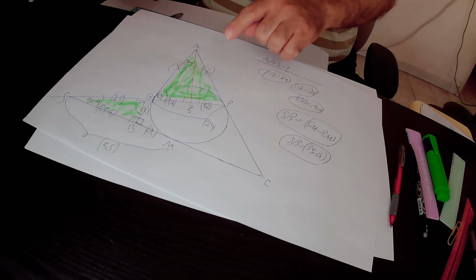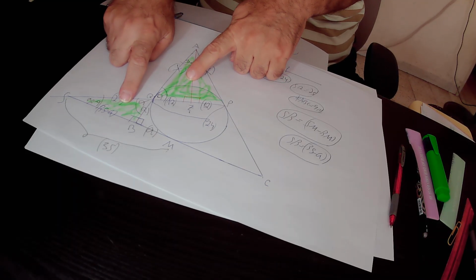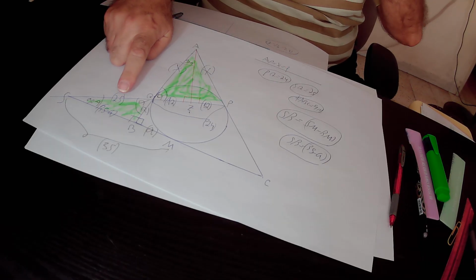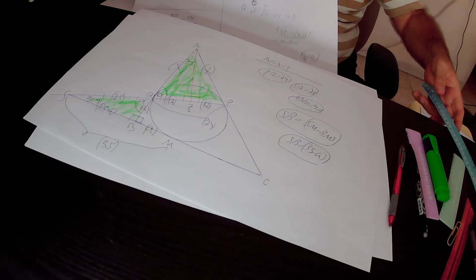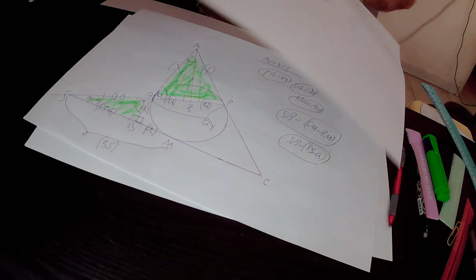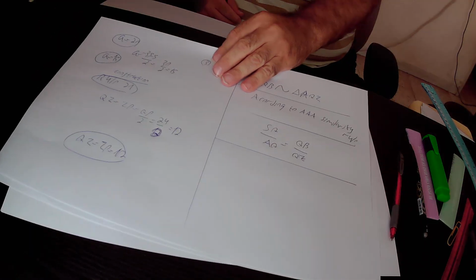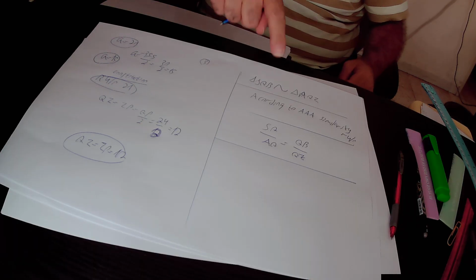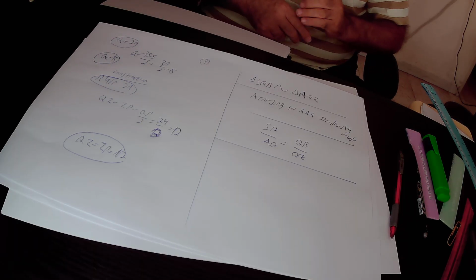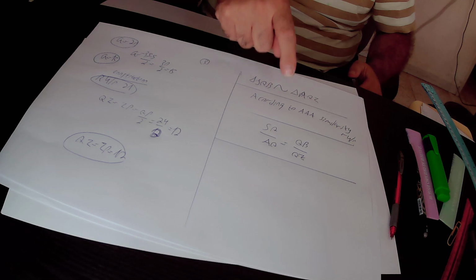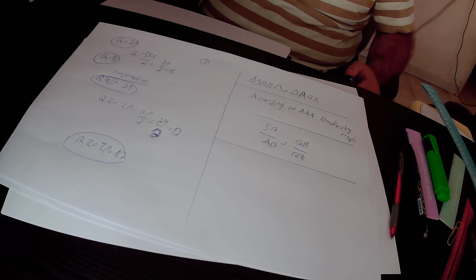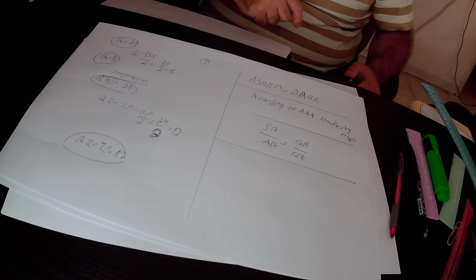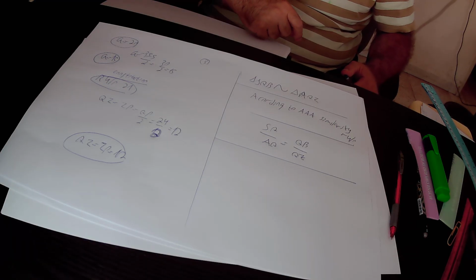Again, from the fact that those two right triangles are similar to each other, we derive that the following relationship exists between their sides. We derive that side SQ of the right triangle SQB over side AQ of the right triangle AQZ is equal to side QB of the right triangle SQB over side QZ of the right triangle AQZ.